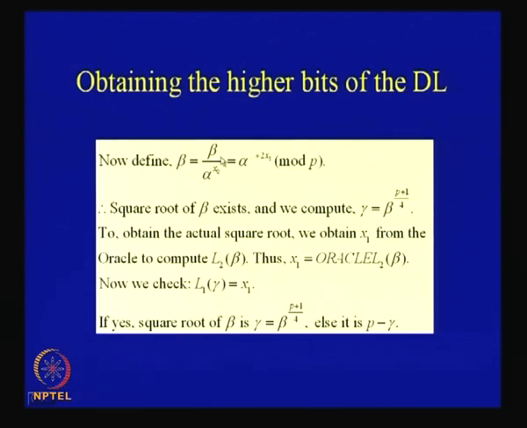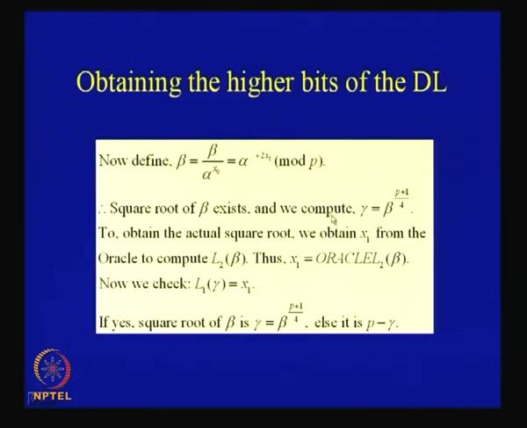If I divide beta by alpha power of x0, that is equal to alpha to the power of 1 plus 2 x1 modulo p. So, basically what we have done is just taken out the part for alpha power of x0, and this is the part which remains, right. So, now the square root of beta exists for sure. Why? Because you know that this is an even value, the exponent is even, right.